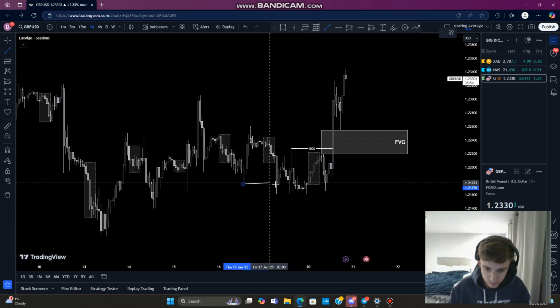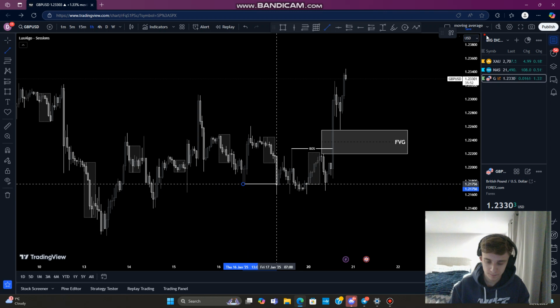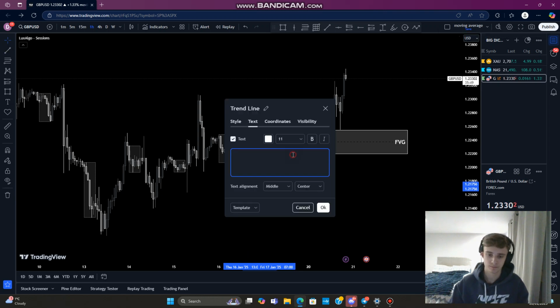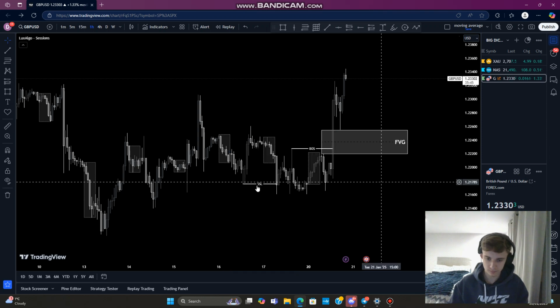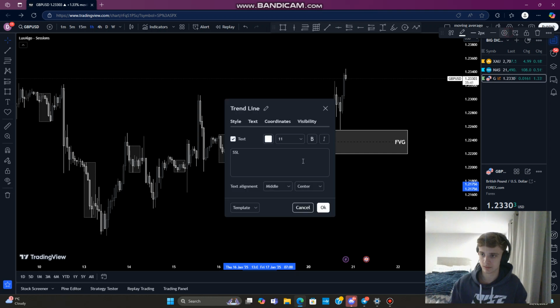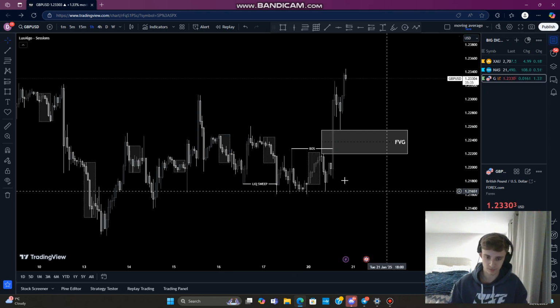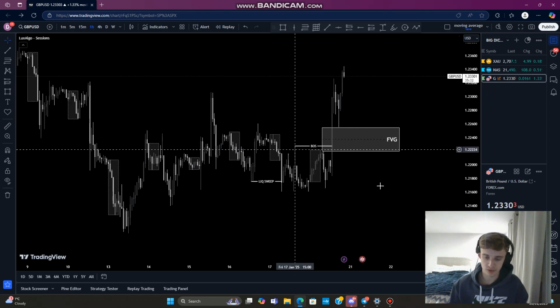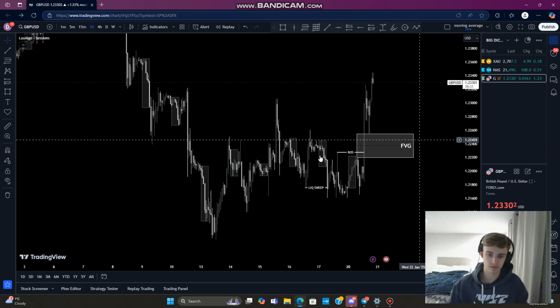That's a pretty good example. Looks better like that. Liquidity sweep, break of structure, or otherwise market structure shift.